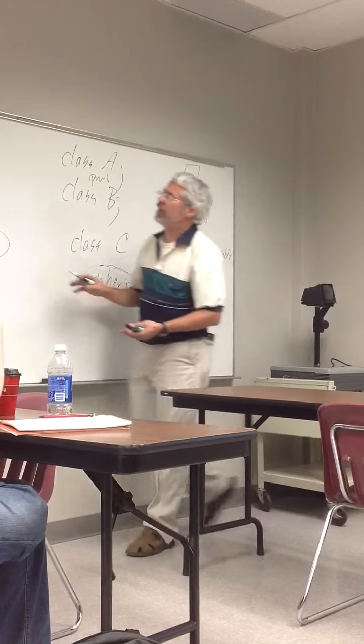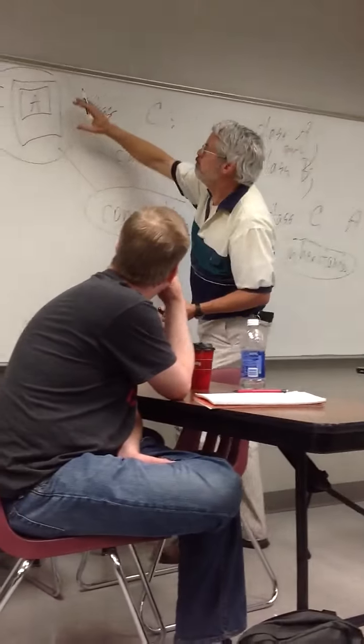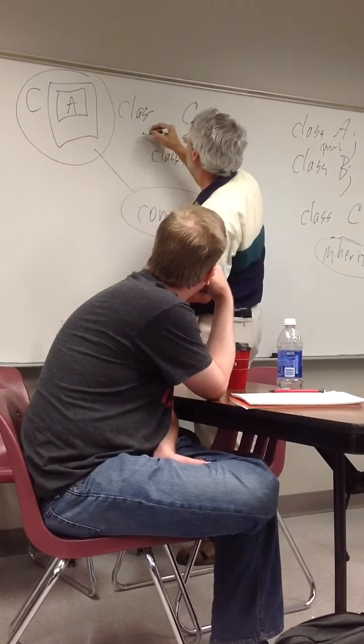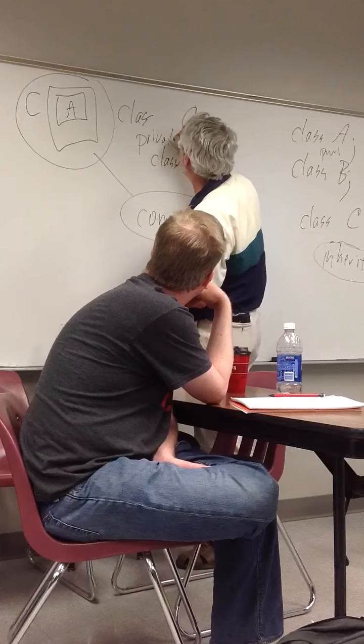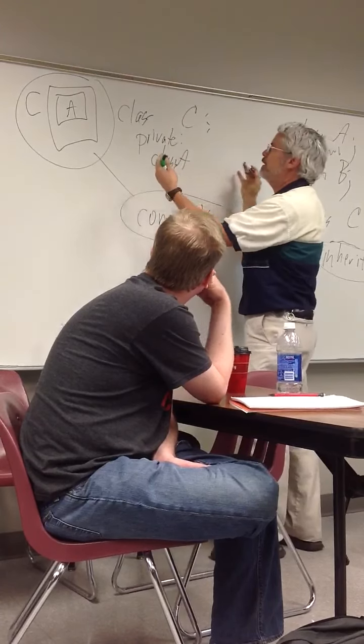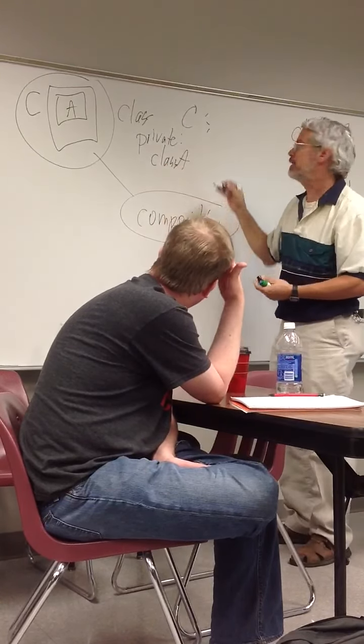That's inheritance. But if I have composition and I bury A, particularly if I put A in my private area, then that's hidden from me, and I can't see it.